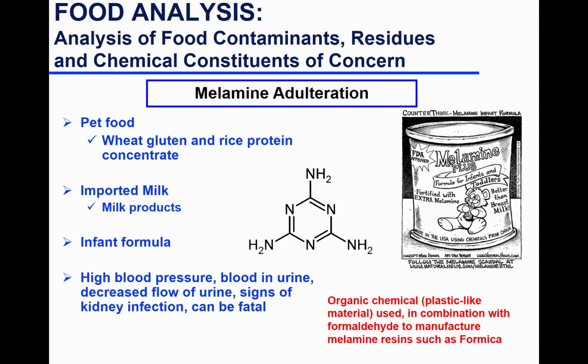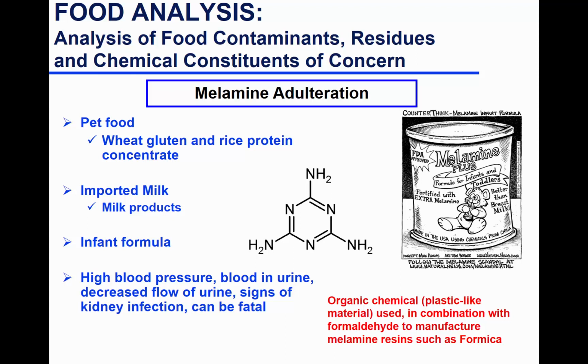So melamine adulteration, we mentioned before that it has been used as a fraud to increase the apparent protein based on nitrogen analysis. Melamine has so many amine groups in it, obviously, and nitrogen. So if we're doing Dumas or Kjeldahl, we're going to detect this nitrogen as protein. So melamine is added to match a certain required amount of protein in the product.